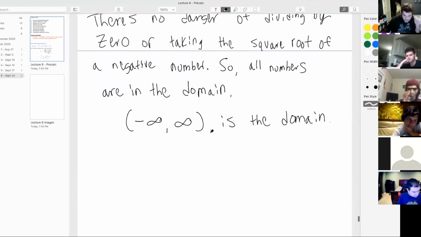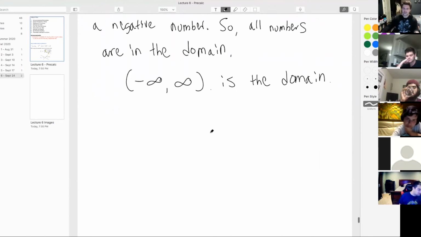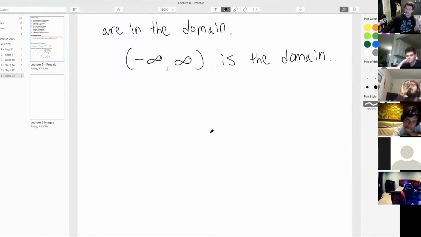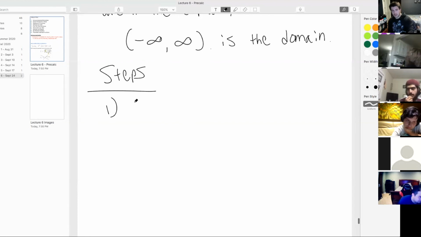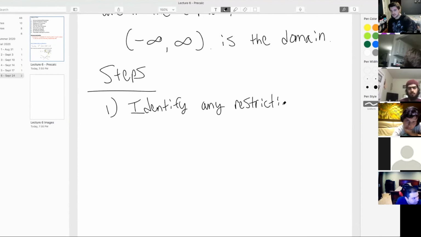All right, so we went through a few concrete examples. I'm just going to write down the set of steps, and then we'll do another example. Here are the steps. 1, identify any restrictions on the input.